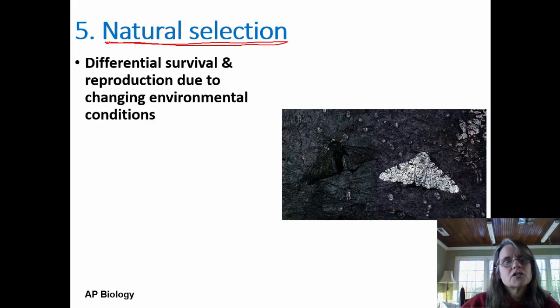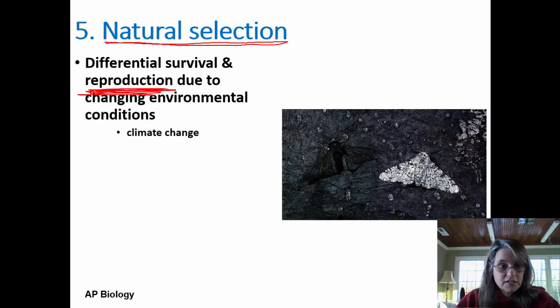Remember that natural selection is the differential survival and, more importantly, differential reproduction of organisms due to changing environmental conditions. So some organisms are going to survive better and thus reproduce better and send their genes on to the next generation.